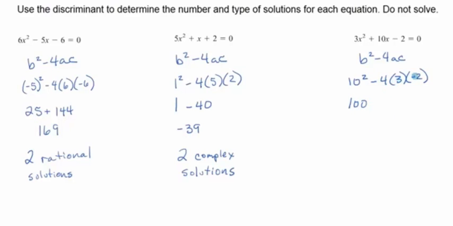And a negative times a positive times a negative is going to be positive. 4 times 3 is 12 times 2 is 24. That's 124. It's a positive number, but it's not a perfect square. So we're going to end up with a radical still in our solution. So we'll have two irrational real solutions.